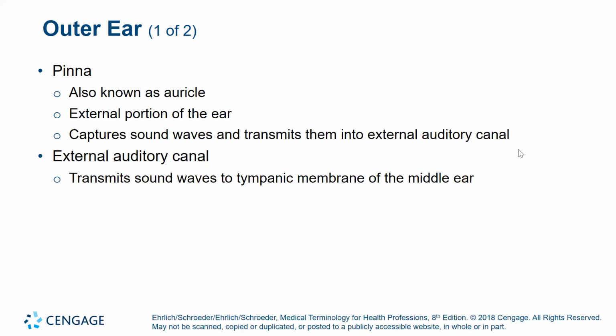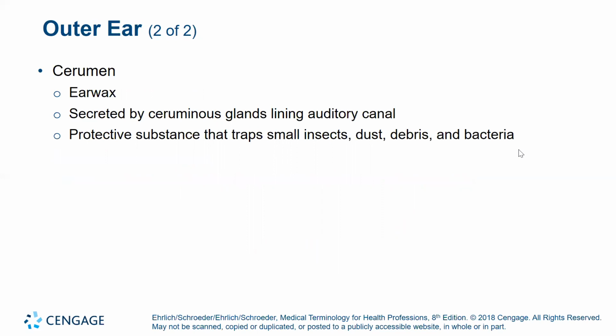We have the external auditory canal, transmits sound waves to tympanic membrane of the middle ear. Cerumen is just the earwax, secreted by sebaceous glands lining auditory canal. It's a protective substance that traps small insects, dust, debris, and bacteria.